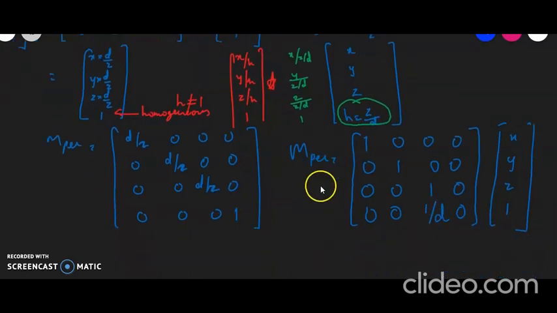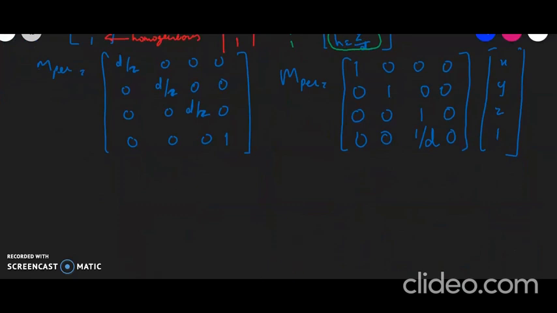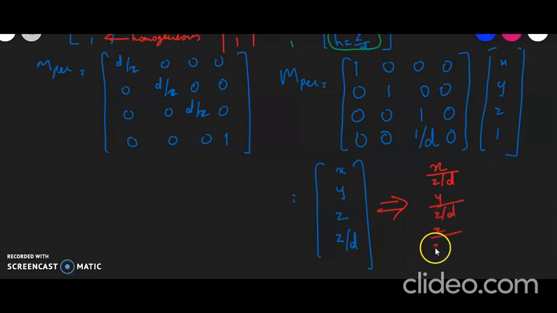So what we are implying from here is, when I get this matrix and I write the final answers, it will be x, y, z, and the last value will be z upon d. So my final values are not x, y, z, rather it will be x upon z by d, y upon z by d, z upon z by d, and the last value is z by d upon z by d, right?